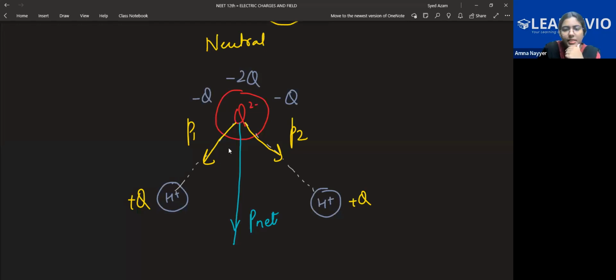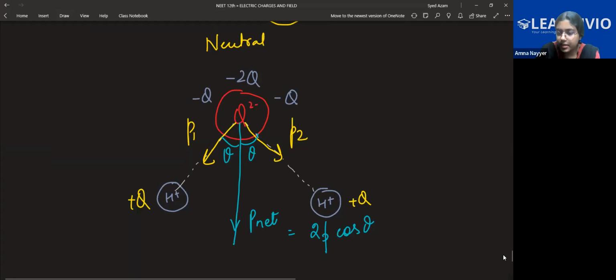So let's say if this is theta, this will also be theta by symmetry. So your net dipole moment will be 2p cos theta, right? This is your dipole moment. So if you change the symmetry, what we have studied was just for a simple linear molecule. I'll tell you how you have to solve this also. Let us do a question based on this.